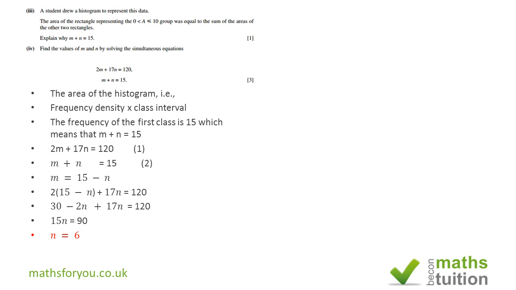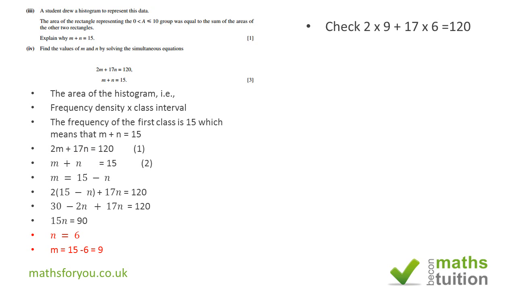Now we have to find the value of M. If we substitute N is equal to 6 into the second equation, we end up with M is equal to 15 minus 6, which is equal to 9. Now, just to check, if M is 9, in this case 2 times 9, and if N is 6, in this case 17 times 6, that should all give us 120.